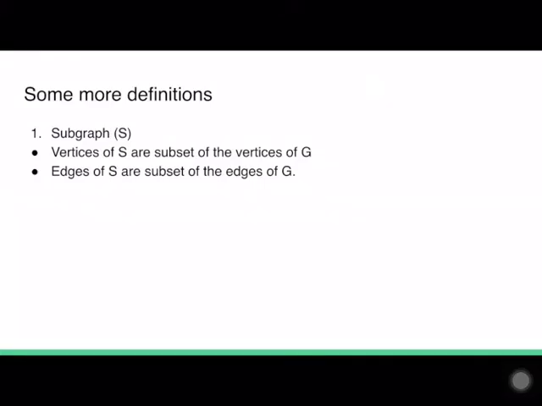So continuing with some of the more definitions, what is a subgraph? A subgraph is a part of the given graph. That means it is going to contain some subset of vertices and some subset of edges.